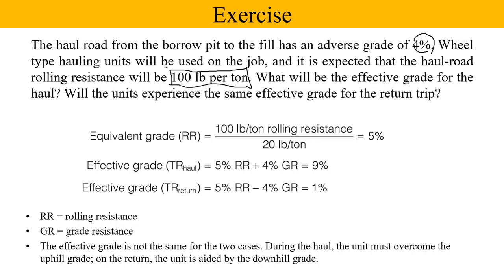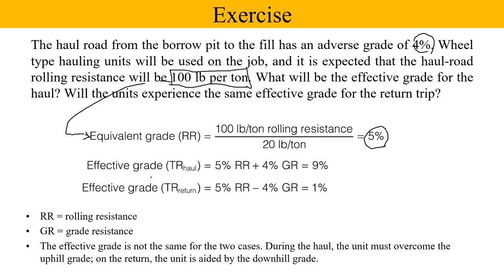So it is important to consider two effective grades. Let's do it one by one. The first step is to convert 100 pounds per ton into the equivalent grade. If you remember, we simply divided by 20, so it is equal to 5%. So it's like we are adding 5% to the grade.